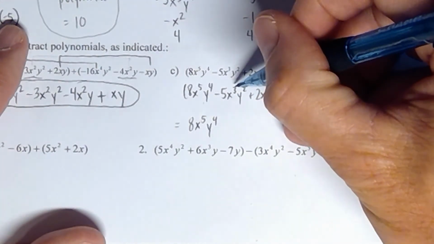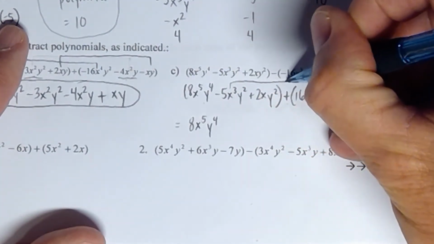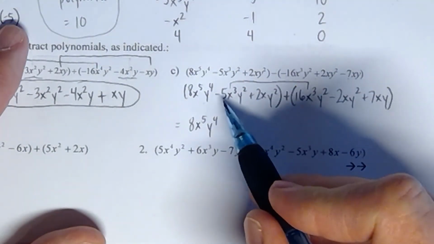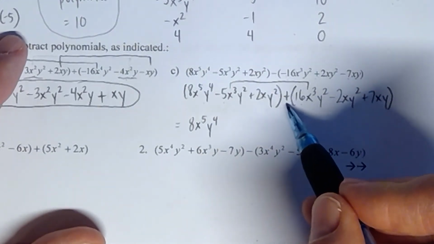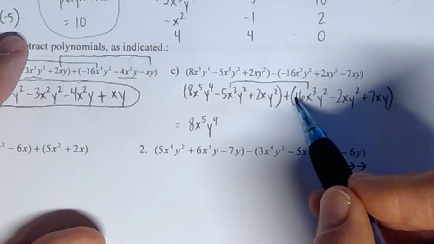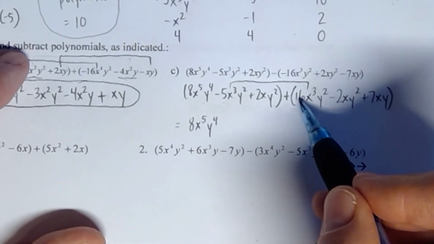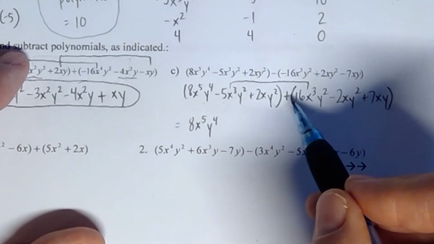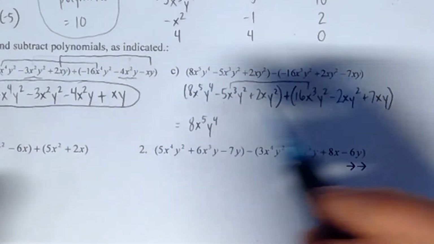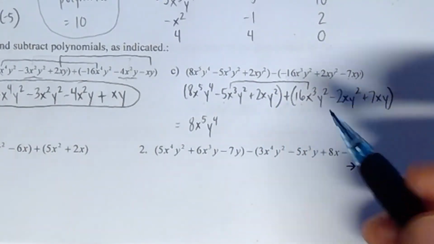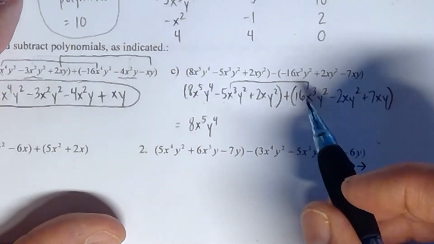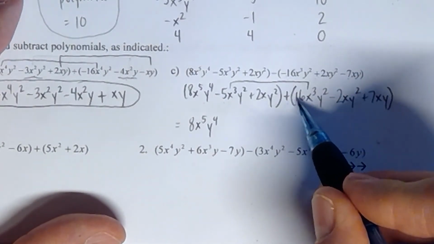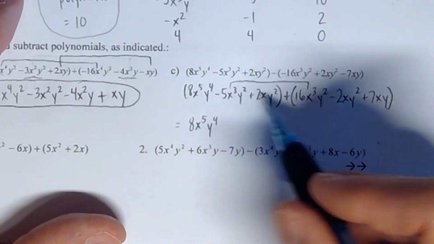And then notice that these two terms are like terms. Negative 5 plus 16. Remember, this is plus, not because of this plus out here. Because if this had been negative 16 on the inside, that would be minus 16. This plus is just telling us that we're in the bracket plus bracket situation, which is when you combine like terms.